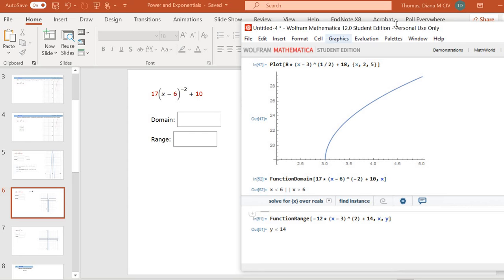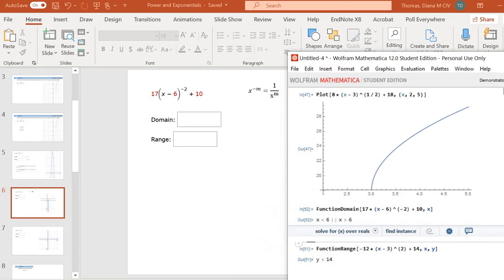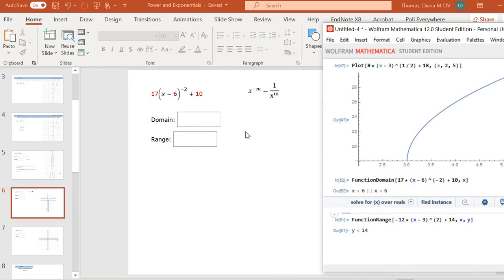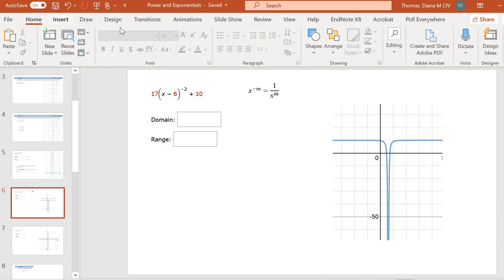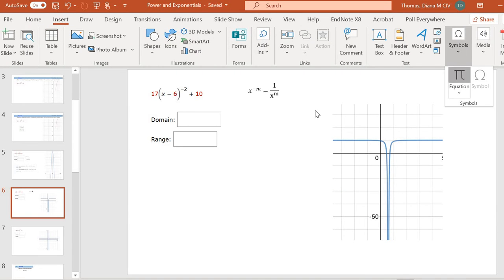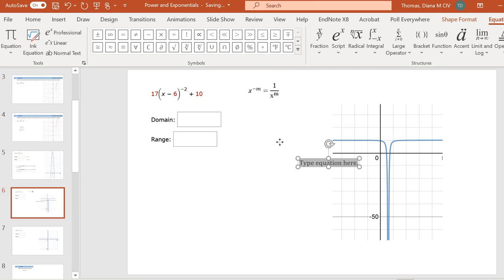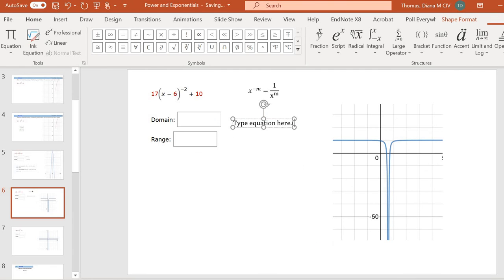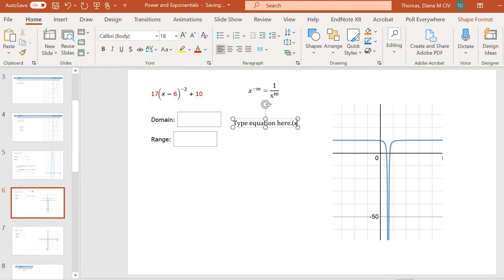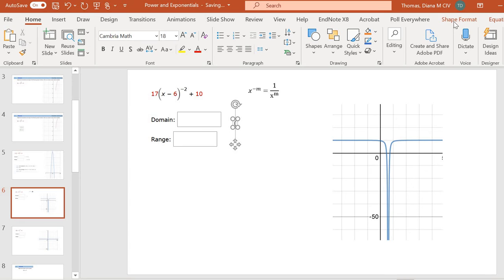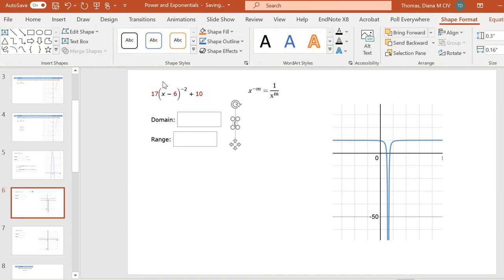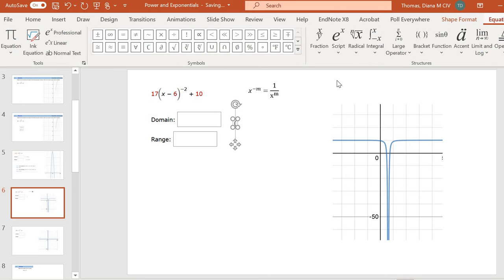So if I'm going to rewrite this into WebAssign, what I would put is x is less than 6 would come first. So that would be from minus infinity to 6. And sometimes I have you draw the intervals.